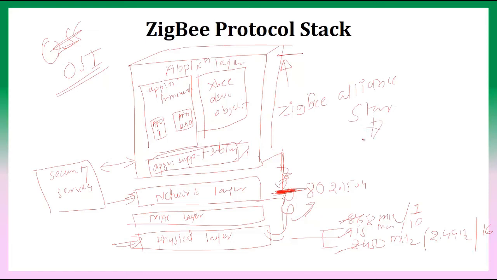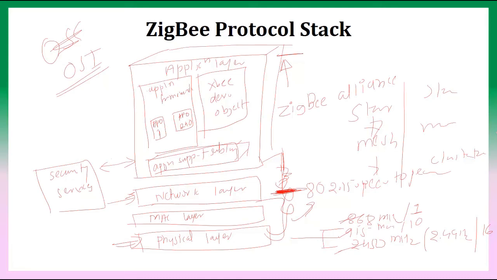If you need to remember an exact name for them, they are star, mesh, and cluster tree. It is also known as peer to peer, but it's very well known as cluster tree.